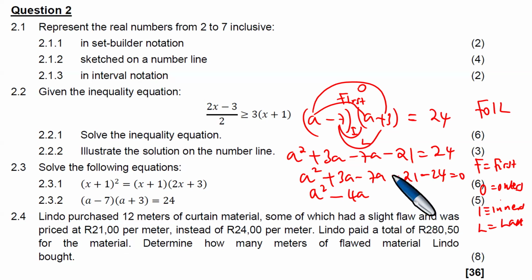That's minus 4a. And minus 21 minus 24 is minus 45, because both 21 and 24 are negative. So you take the common sign and then you add them up: 21 and 24 give 45. But with 3a and 7a, that's where you subtract.